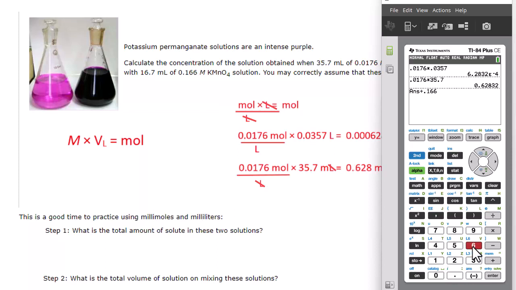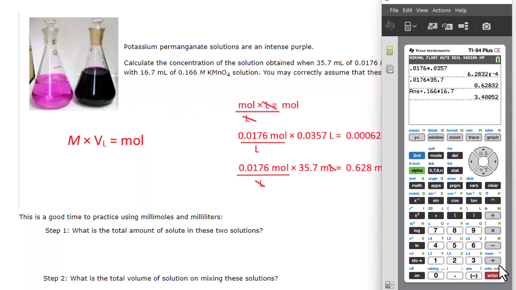This is more concentrated molar, but it's a smaller volume, so we may not get all that much. 16.7. And this will give us millimoles. Added to these millimoles, it's more concentrated, but we've got less of it.